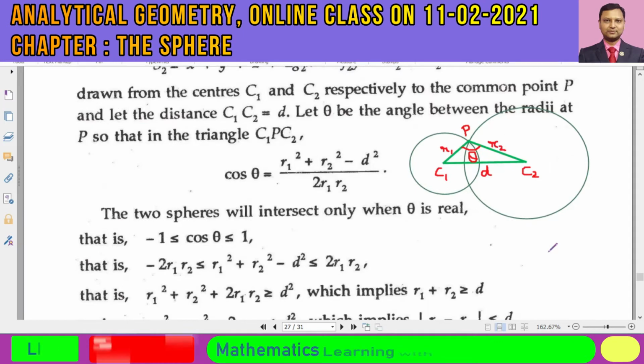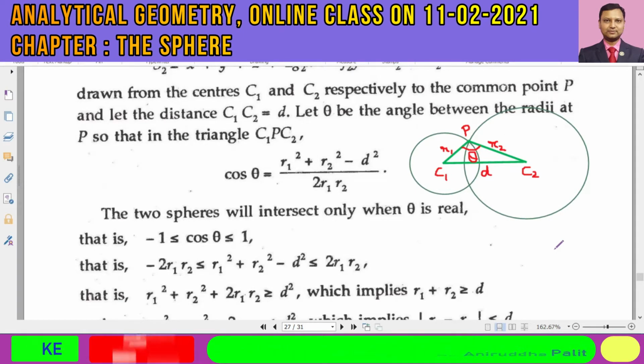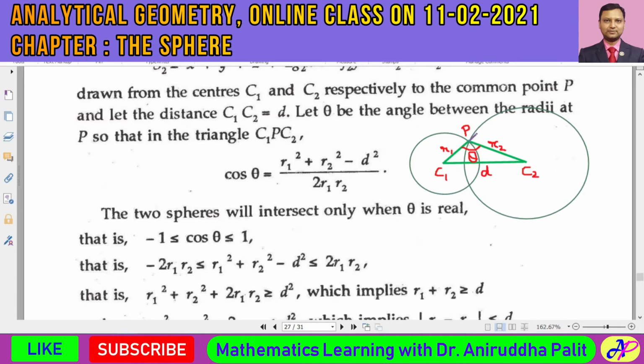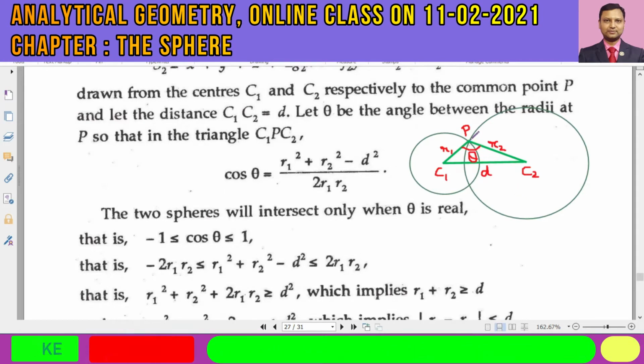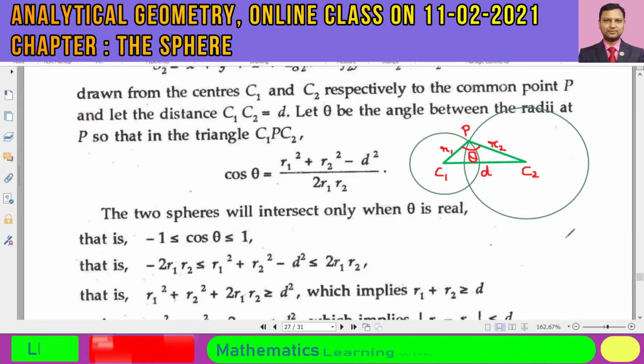This angle will remain fixed, because whatever the position on the intersection of these two spheres, if you take any point P on this section, the angle theta would always be the same.